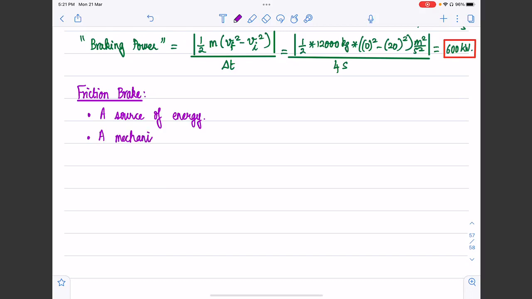Once again, even going from a bicycle, we have the hand levers, cables, and all to apply the brake. Going to a car, we have a foot pedal to apply the brake. In a motorcycle, we have a foot pedal, hand lever, and so on, right? So these are different mechanisms to apply the brake.